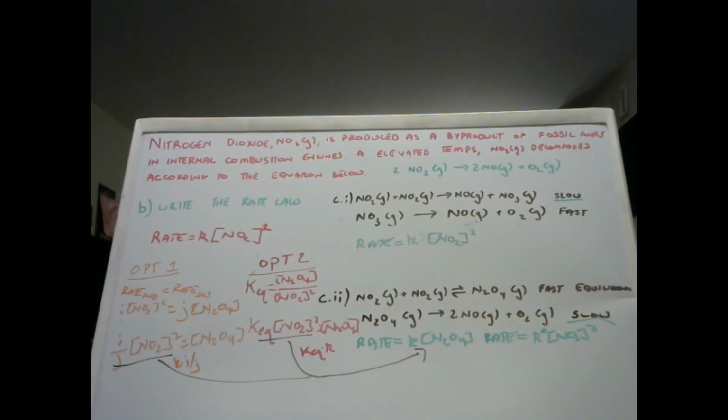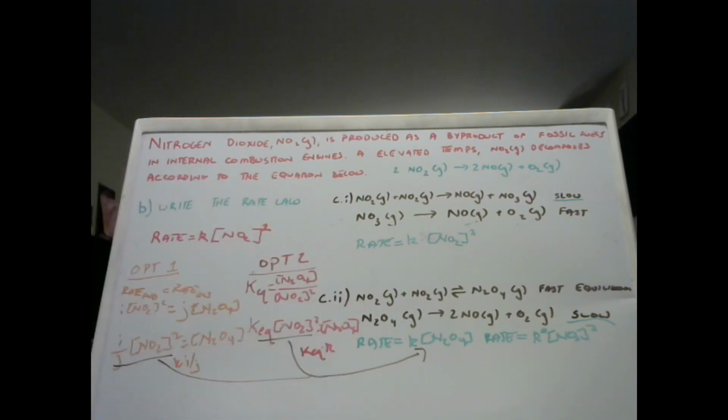For C2, that would be something like, in this reaction, the rate determining step is the slow step. However, because that would give us a rate law of rate equals k times the concentration of N2O4, which is an intermediary, we cannot use that rate law. We must then translate it.